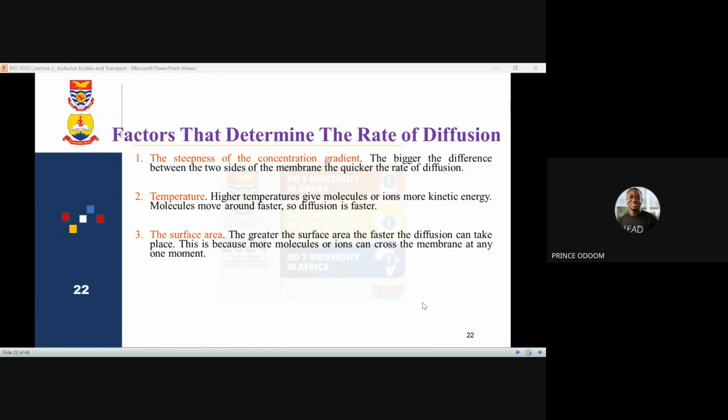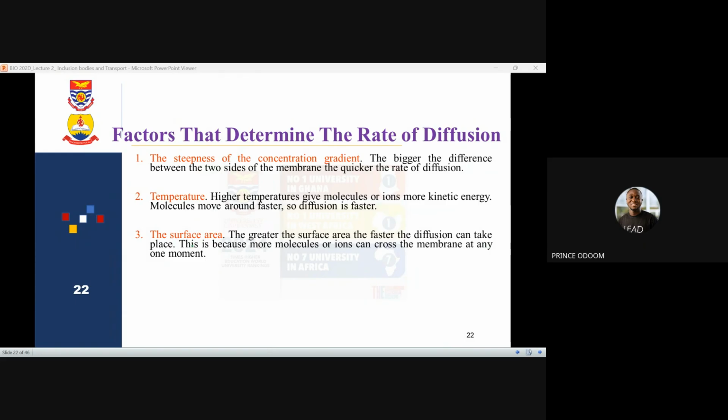So once there's more space, what will happen? If the surface area is wide, it means there will be more space, so there will be more room for movement. And so the molecules are going to diffuse very fast.